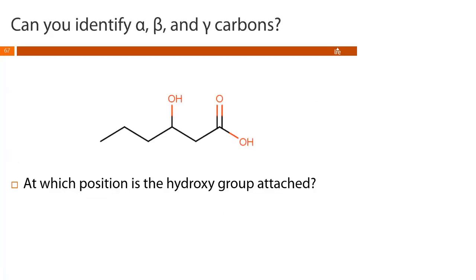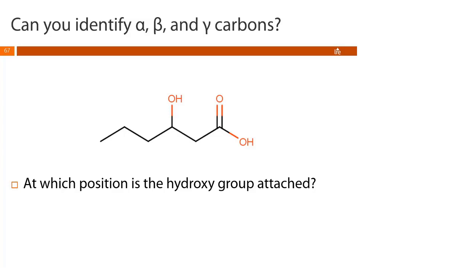Okay, so looking at this molecule, I want you to pause the video and see if you can identify the alpha, beta, and gamma carbons and tell me which position the hydroxy group is attached to. Okay, let's see what you came up with.